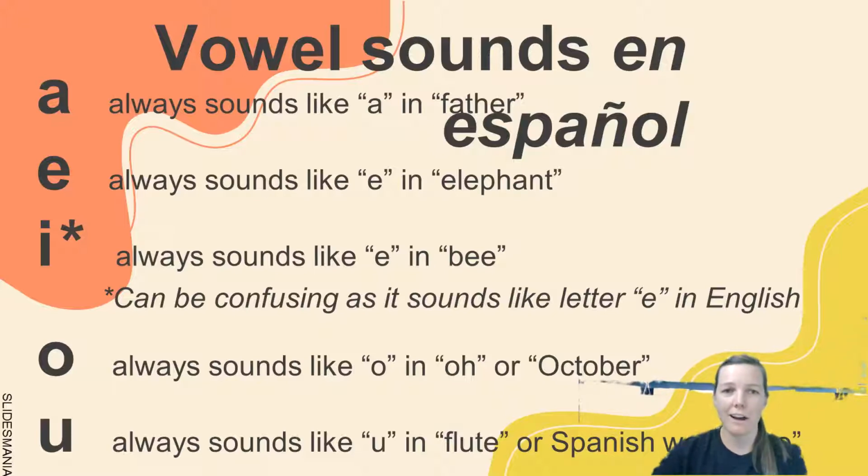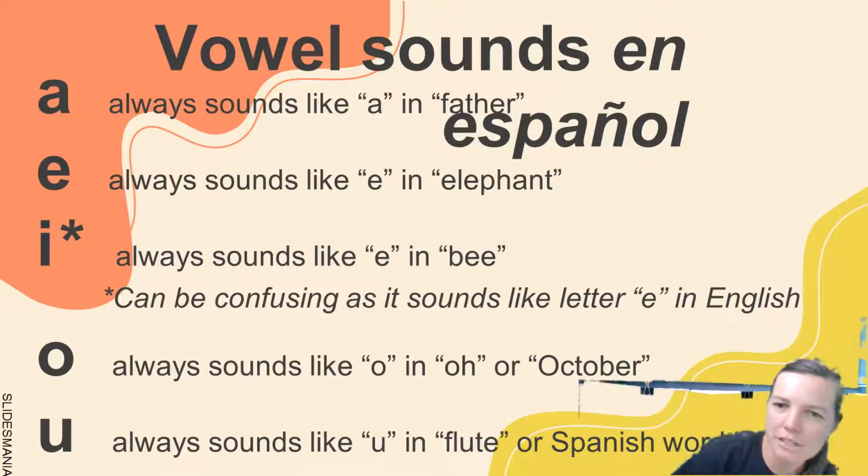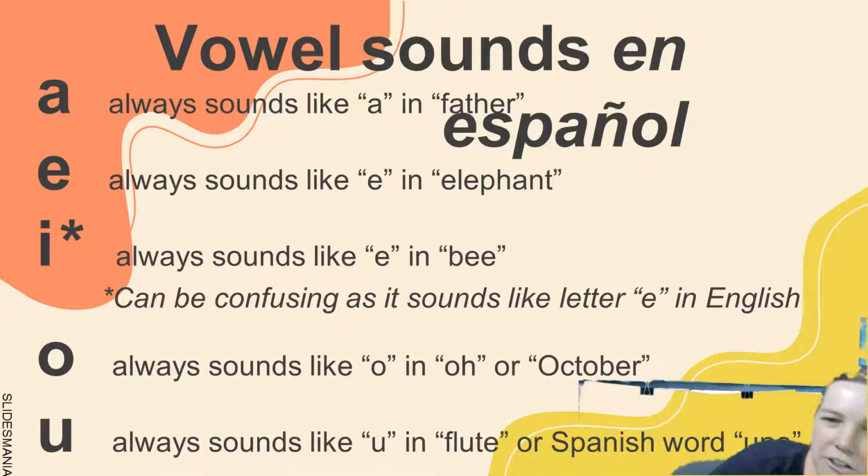And I always sounds like the E in B. This letter can be confusing because it sounds like the E in English, but it's I. And then O sounds like the O in October, and U sounds like the U in flute, or the Spanish word uno.